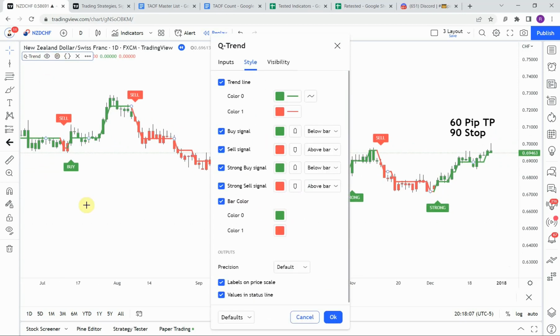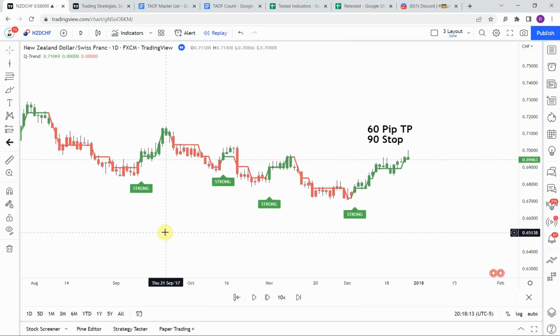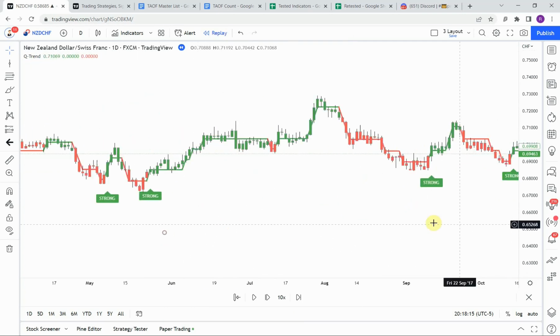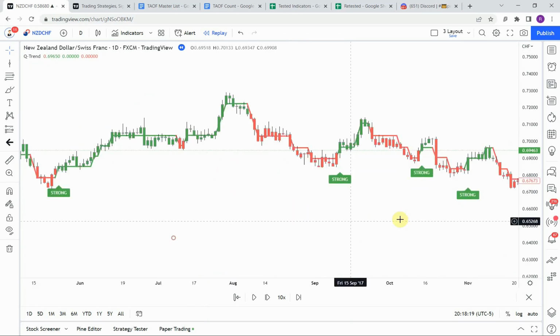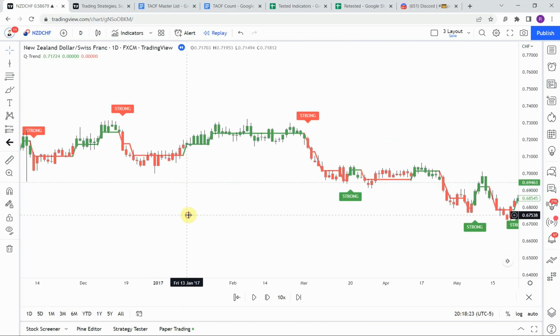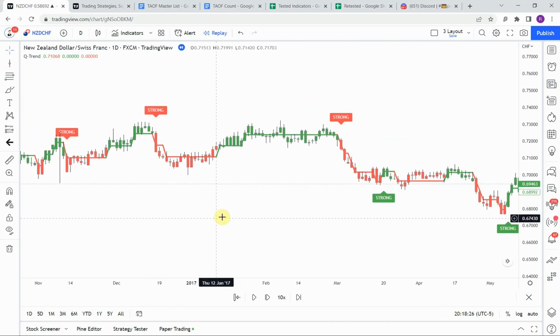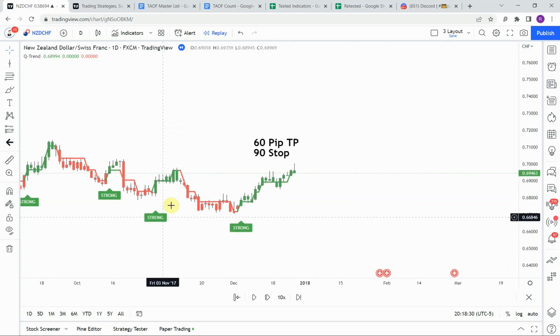And when we tested that originally, it didn't do too well as far as the win rate goes. So I thought we would isolate out just the strong signals to see if that gives us a better win rate and if we are able to get to the 60% win rate that we are looking for using the strong buy and sell signals.